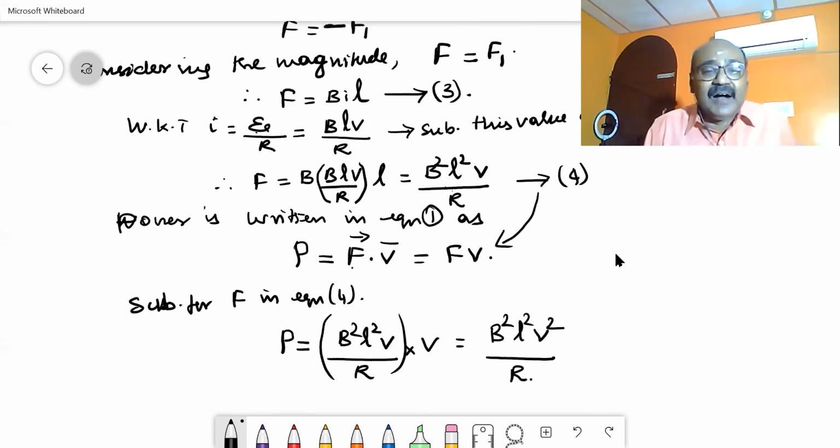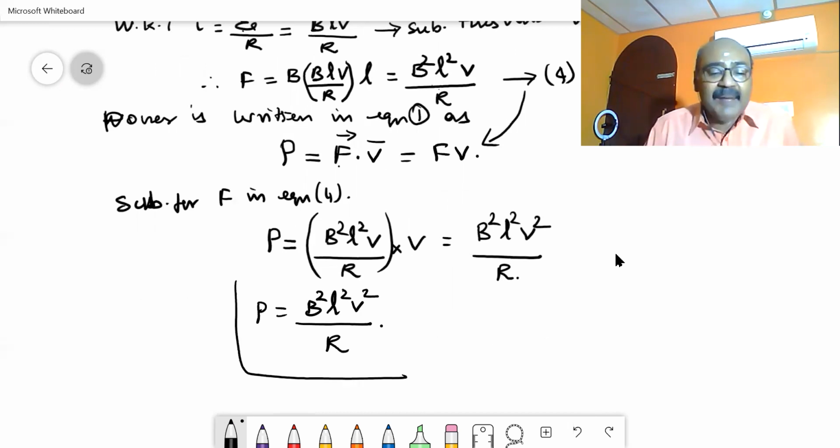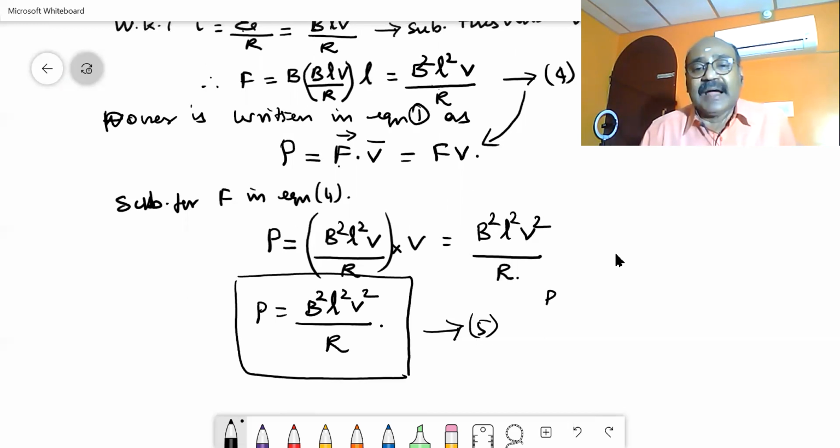Power is equal to B square L square V square divided by R. This we have calculated as the power by doing mechanical work. So this is equation 5, power obtained due to mechanical work.